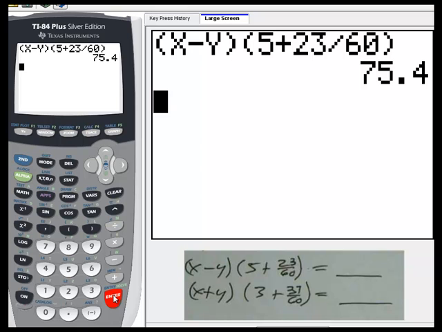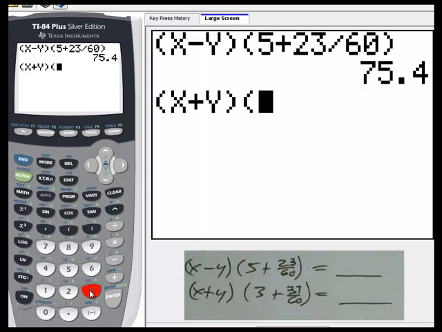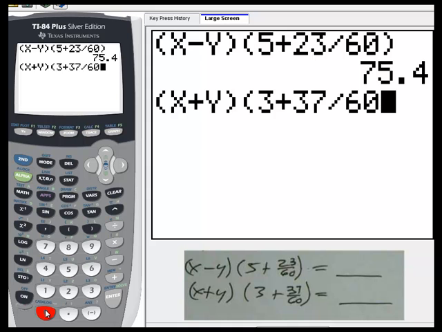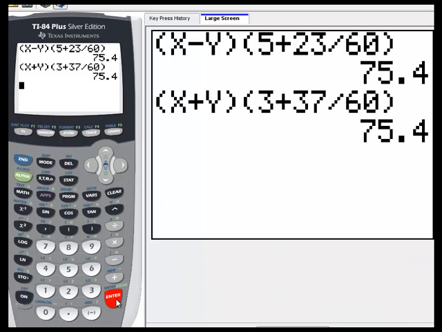That's the number we need to make the first equation true. Alright, let's try the second equation, the right-hand side, parenthesis x plus y, parenthesis, 3 plus 37 divided by 60, parenthesis, go. Okay, that looks good. That takes care of our math check, at least.